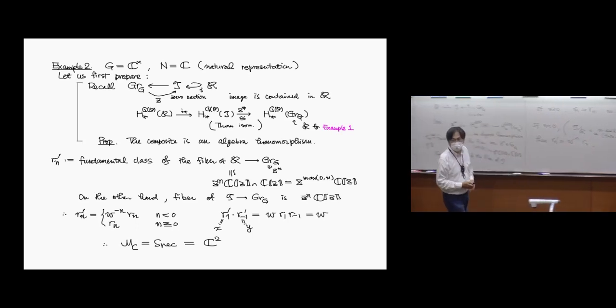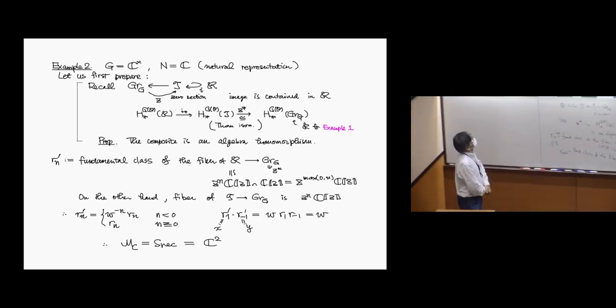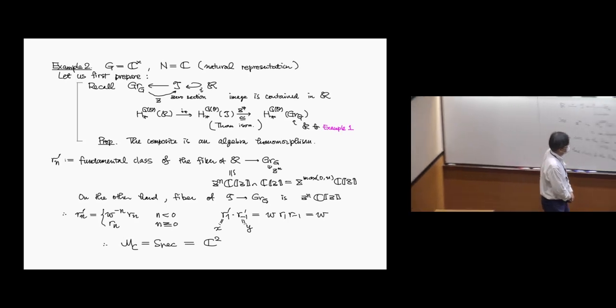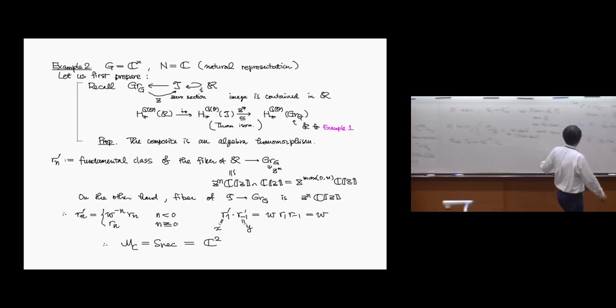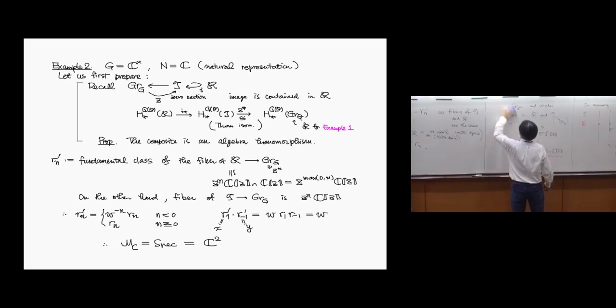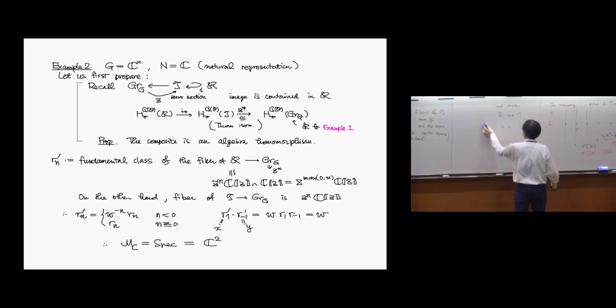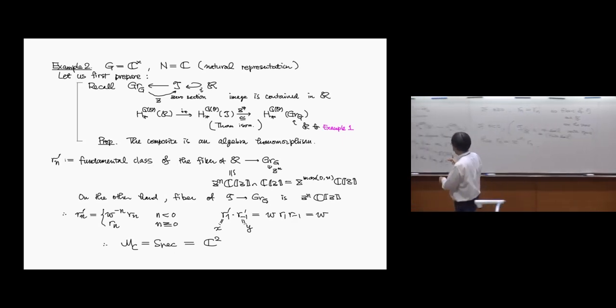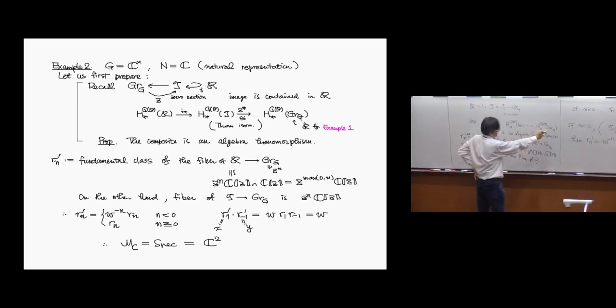I hope it is clear. So this is written in here. Now we try to compute what is R1 prime multiplied with R prime minus 1. Now it becomes easy. Also, as I said, this is an algebra homomorphism, and this is commutative.